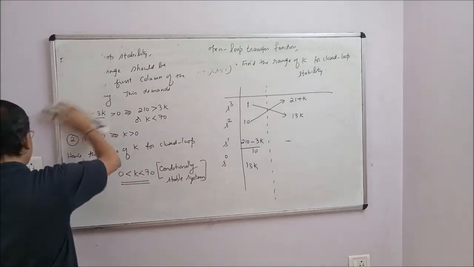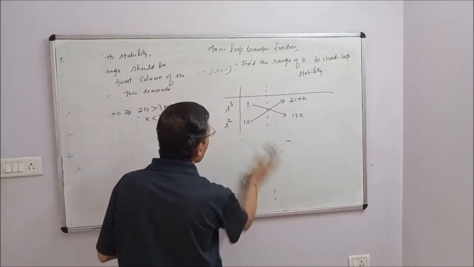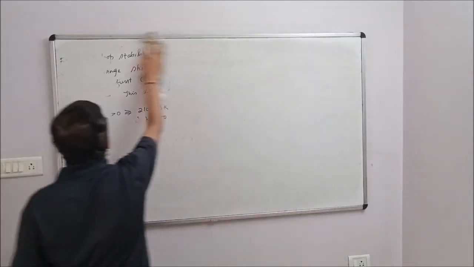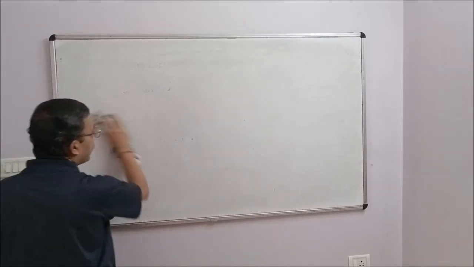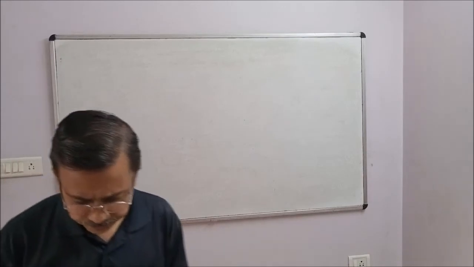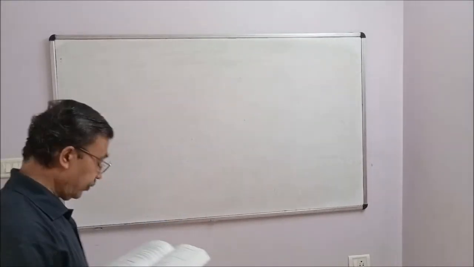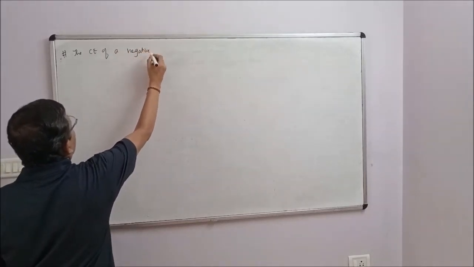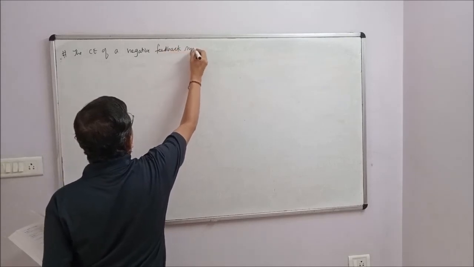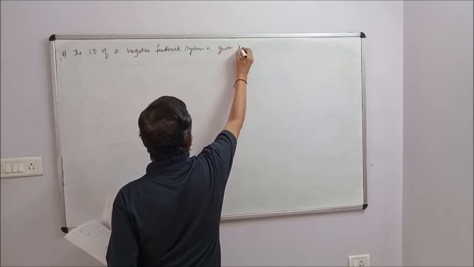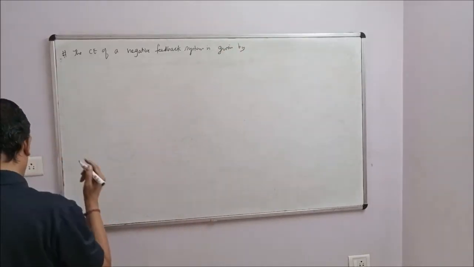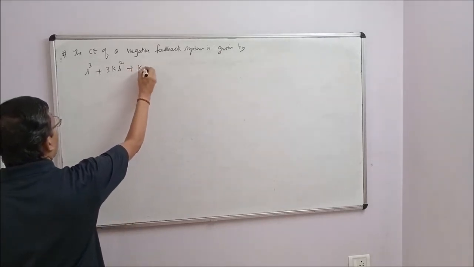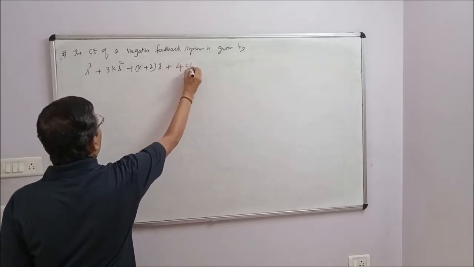We'll go to the next problem. The characteristic equation of a negative feedback system is given by s cube plus 3K into s square plus (K plus 2) into s plus 4 equal to 0.